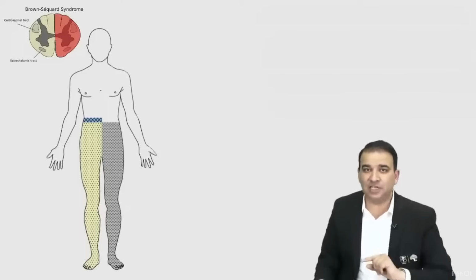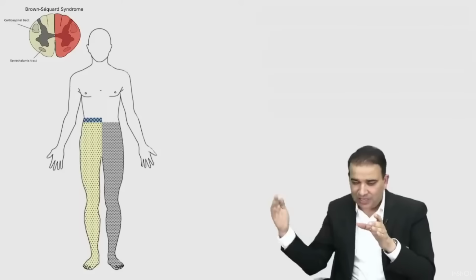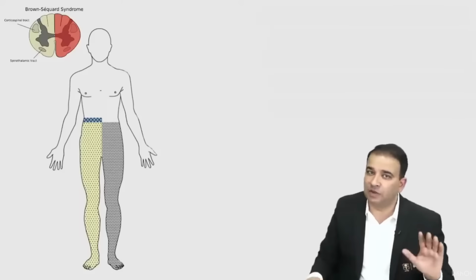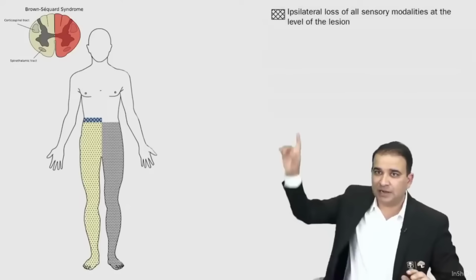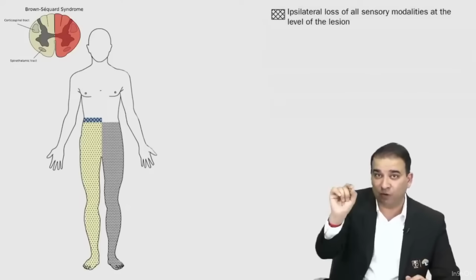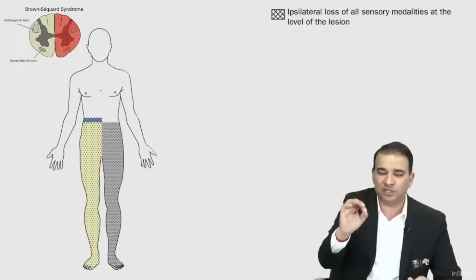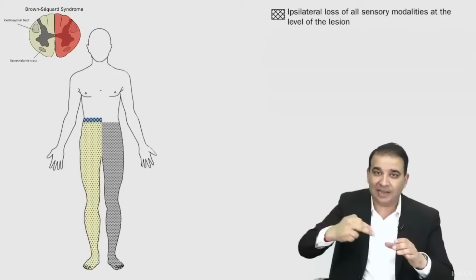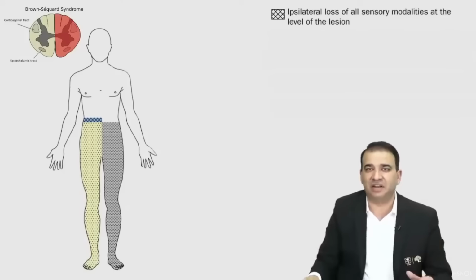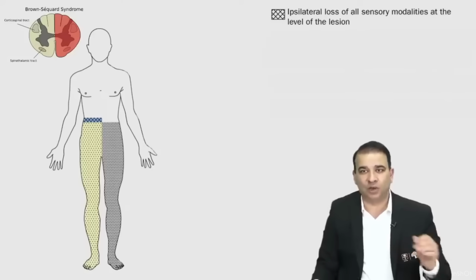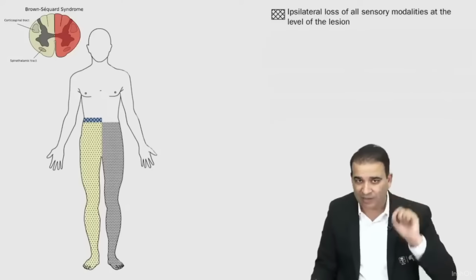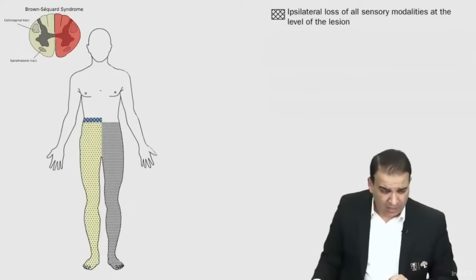We're not talking about above, we're not talking about below. Whichever the level of lesion is, there will be ipsilateral loss of all sensory modalities there for sure, because the moment the dorsal root ganglia will enter inside, that area is already affected. Okay.